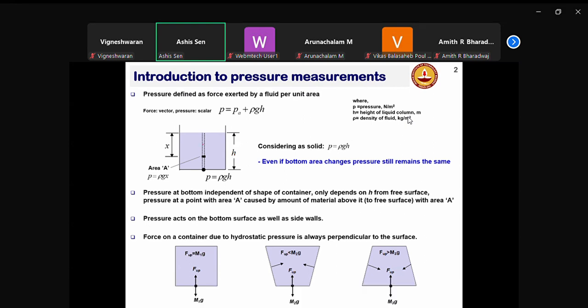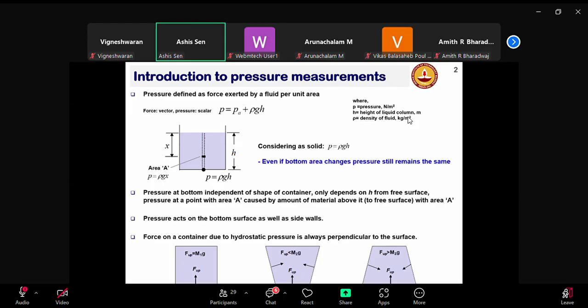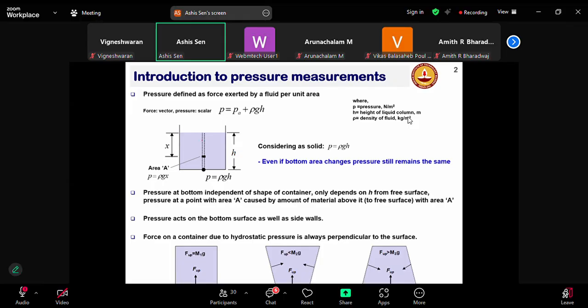So density times volume is area of cross section times x into gravity. If you divide by the cross-sectional area, the area gets cancelled. So you will only have rho into g into x, right? So that is basically pressure, hydrostatic pressure at a particular x, right? So that satisfies force exerted by a fluid per unit area.